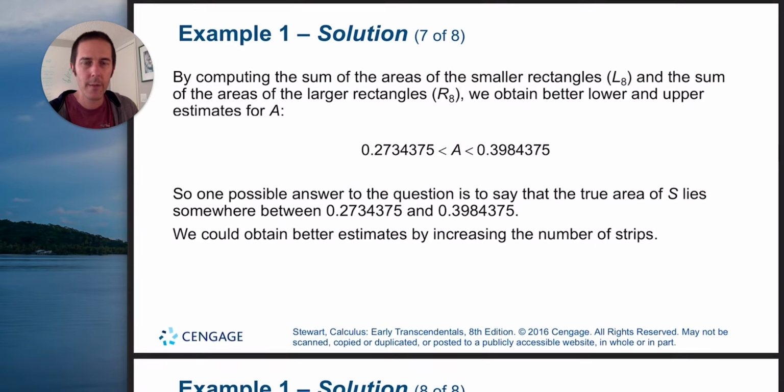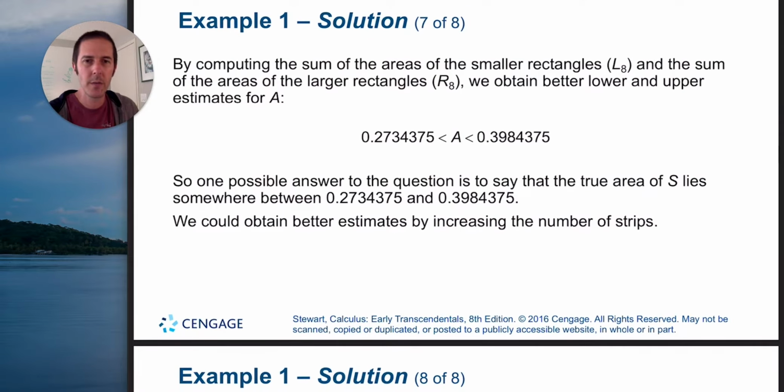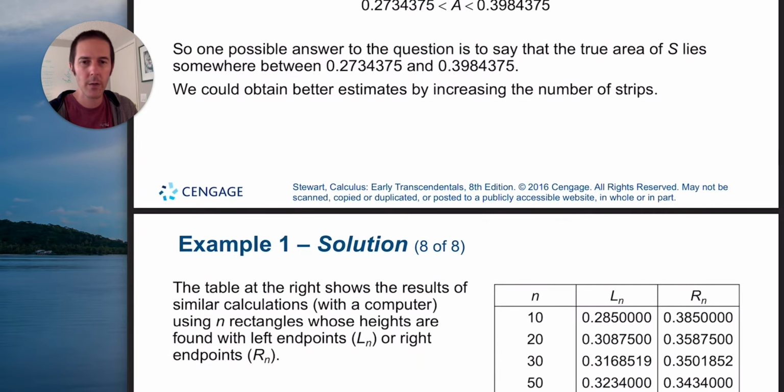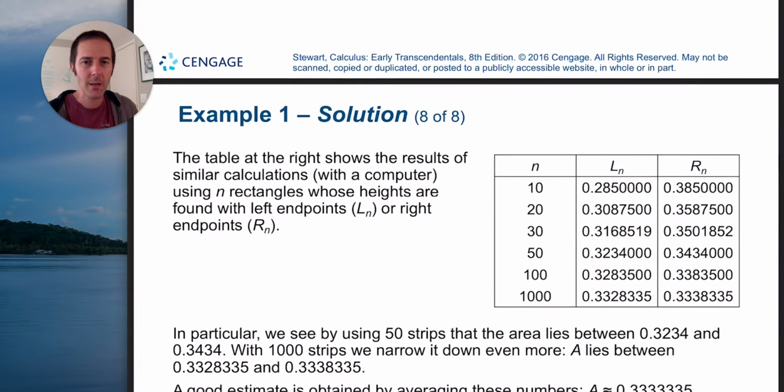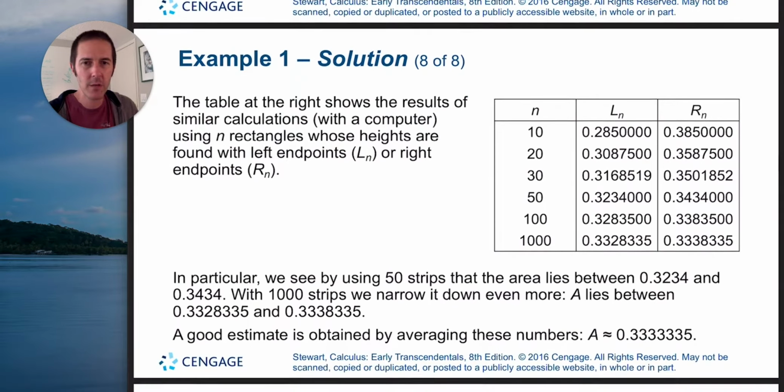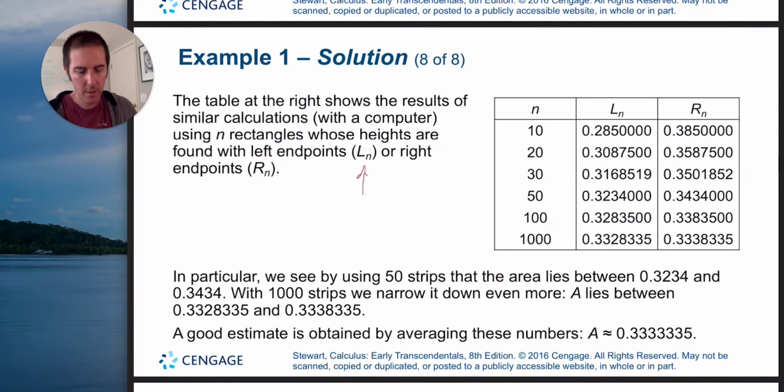So there's your capital A value, your estimated area. Well, your actual area is now between 2 values that are closer together. So it's a more accurate estimate. And these n values that we're seeing in this table go along with left approximations and right approximations, where the n determines the number of rectangles or slices that we're using.